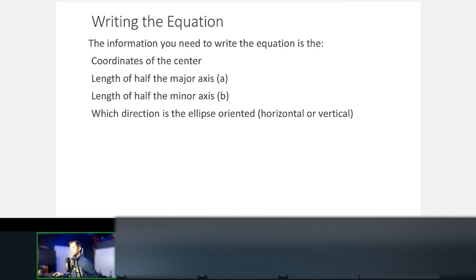Same thing. So to write our equation of an ellipse, we need these things. We need the center of the ellipse. We need to know the A value, the B value, and we also need to know if our ellipse is elongated horizontally or vertically. So if we have these 4 things, we could write the ellipse rather easily.